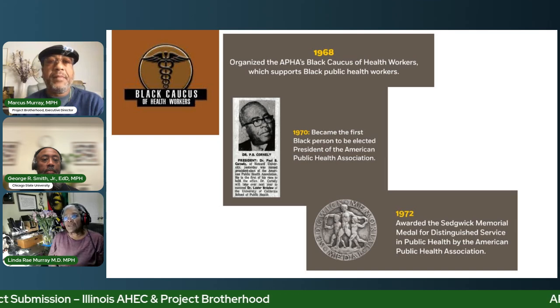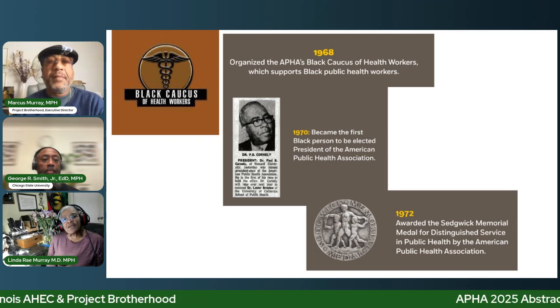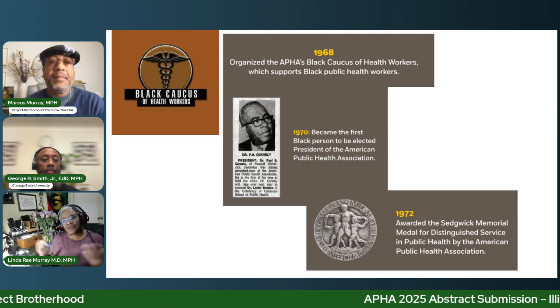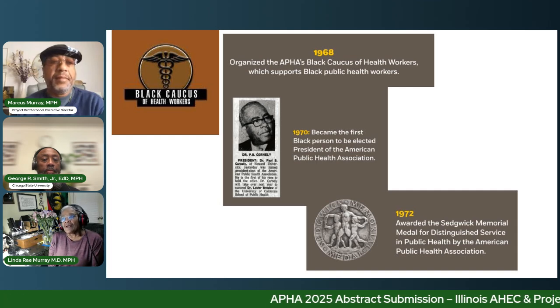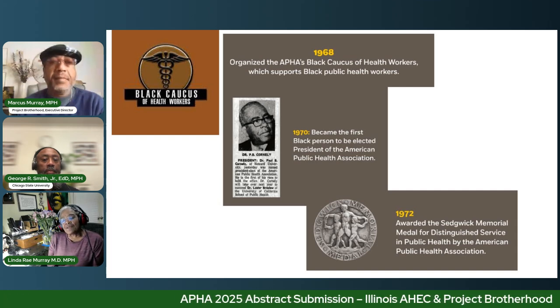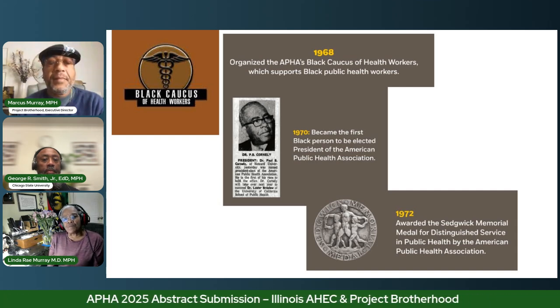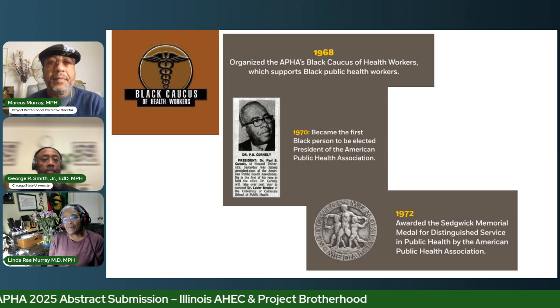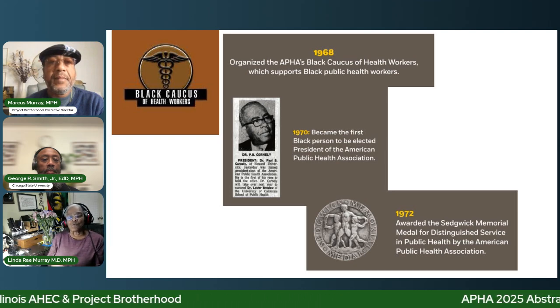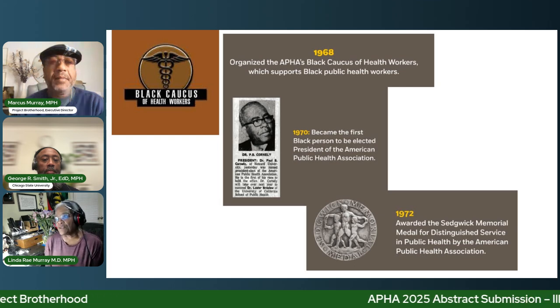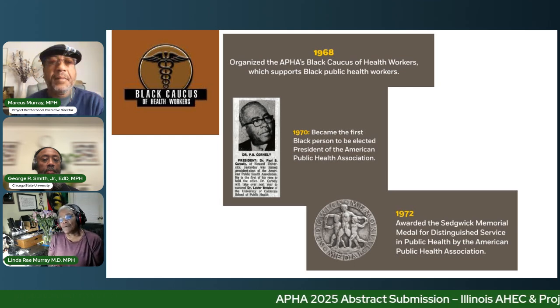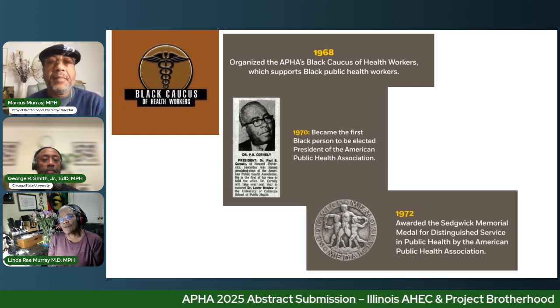And in 1968, Dr. Cornely and others formed the Black Caucus that we're talking about today. In 1970, he's elected as the first Black person to be president of the American Public Health Association. And a couple of years later, he received the highest award that we give in APHA, the Sedgwick Medal. So he really was an important person.